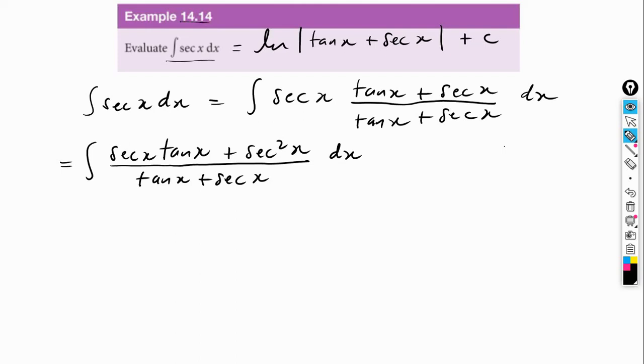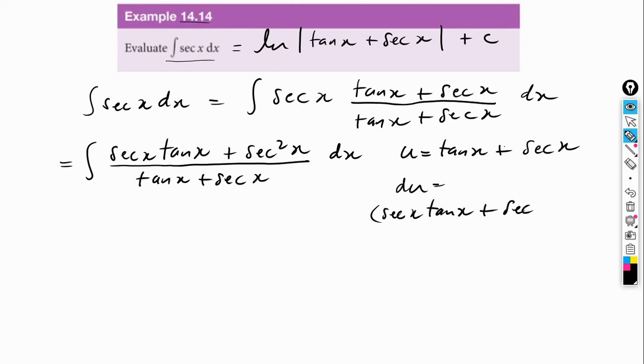Because if we say, well, let's make u equal to tangent of x plus secant of x, then the derivative of this is going to be the derivative of tangent, which we know is secant times tangent. So it would be secant of x times tangent of x plus secant squared of x dx. So notice that this is the same expression we have up here. And this would be what we substitute for u.